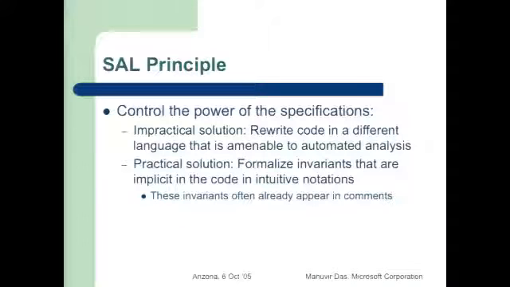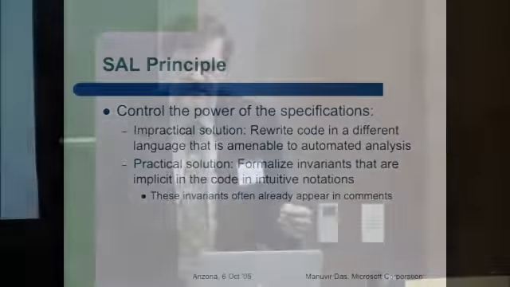And so he also talked about the principle behind SAL, which is that you control the power of the specifications. You must do this very carefully. So the impractical solution would be to rewrite Windows, okay, in a different language so that you can analyze it. That would not work. So what you need to do is formalize the invariants that are implicit in the code already in intuitive notations.